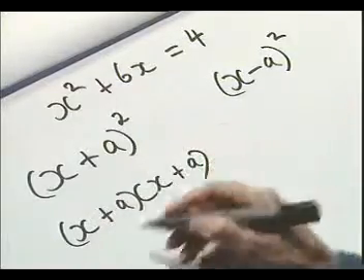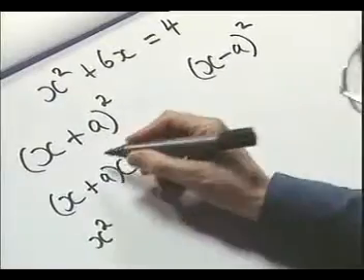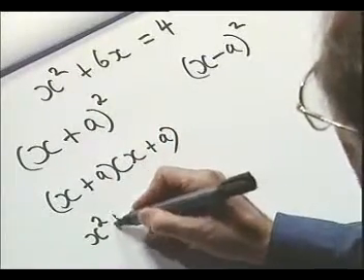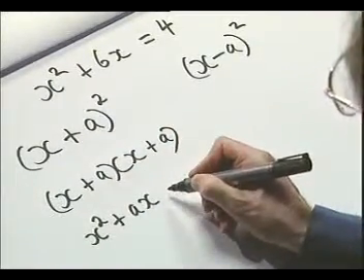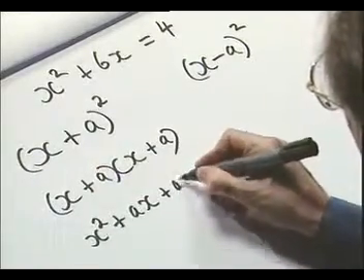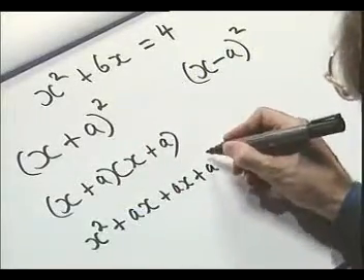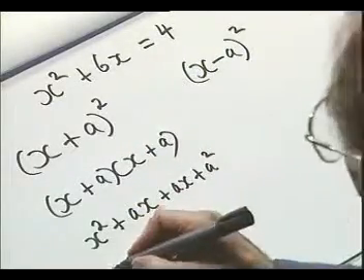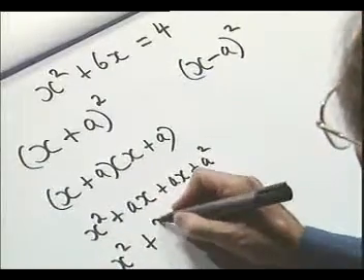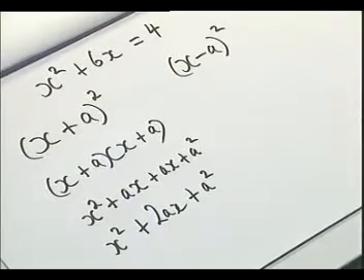And we do x times by x, that gives us x squared. And we do a times by x, which gives us ax. And then with x times by a, which again gives us ax. And then at the end, a times by a, which gives us a squared. And so we get x squared plus 2ax plus a squared.